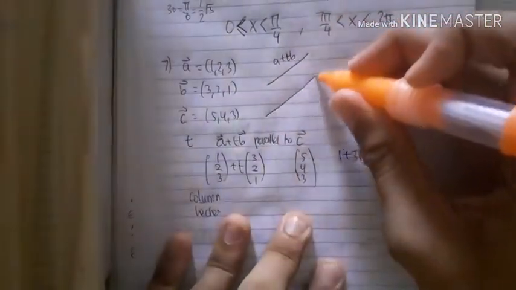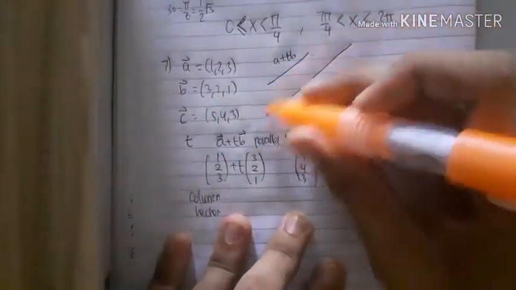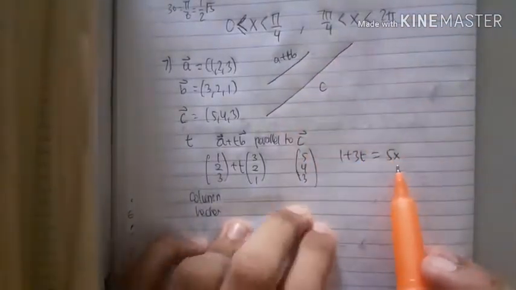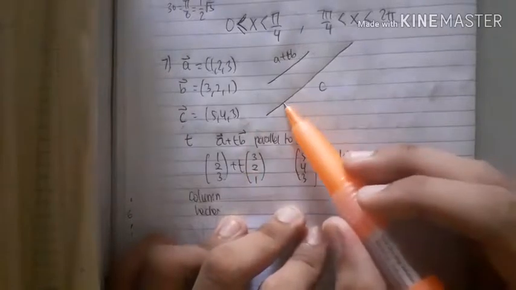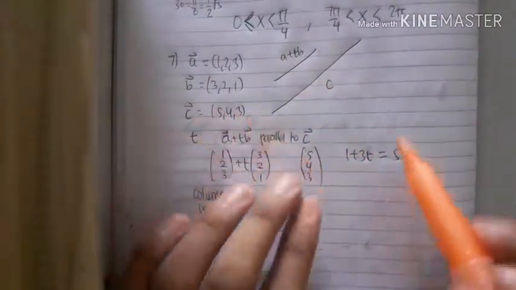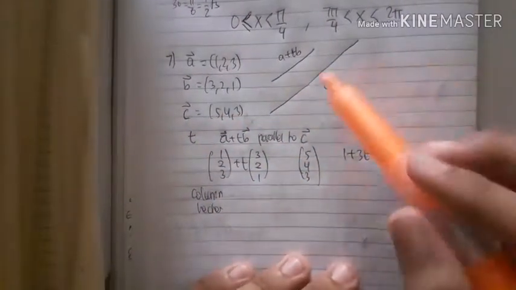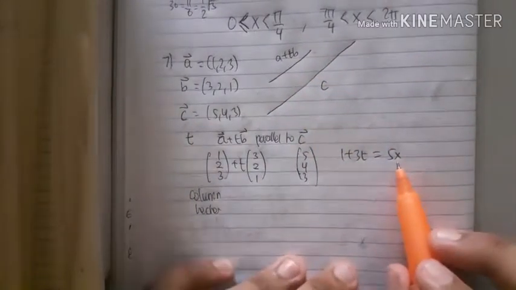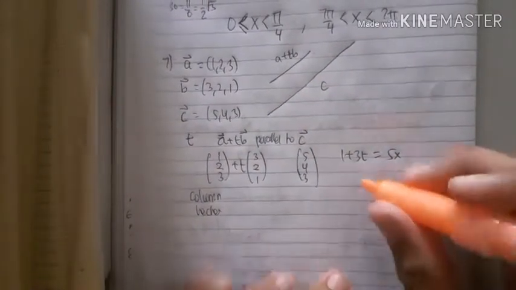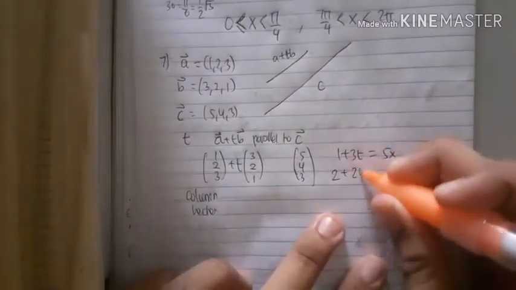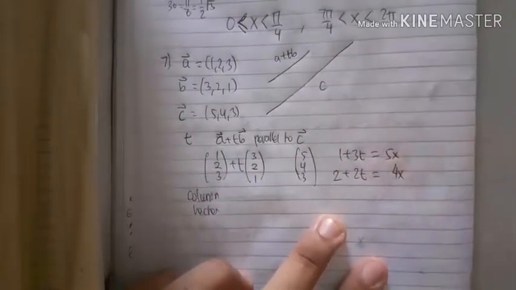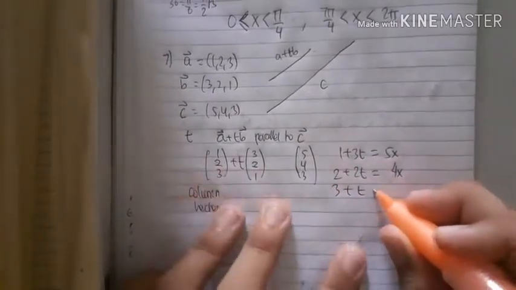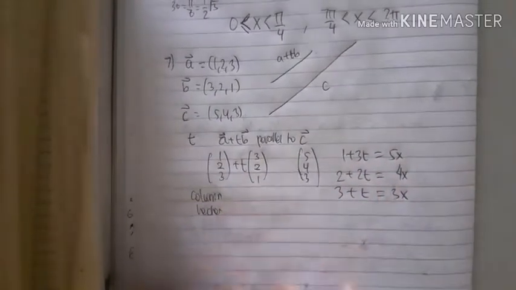This longer line, if it has the same direction, is also a parallel line. So we don't know whether the line of C is really 5 or it is a multiple of 5, but with the direction. So I said it is 5x. Same with the y, 2 plus 2t equals 4x, okay? And 3 plus t equals 3x.